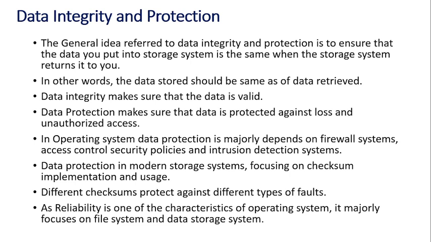In other words, the data stored should be the same as the data retrieved. Data integrity makes sure that the data is valid. Data protection makes sure that the data is protected against loss and unauthorized access.